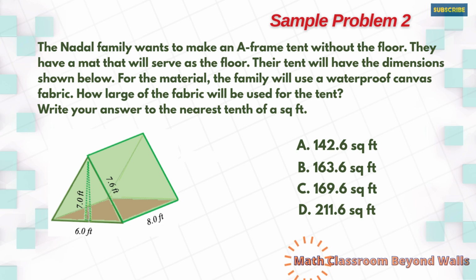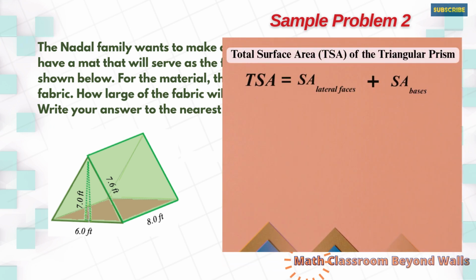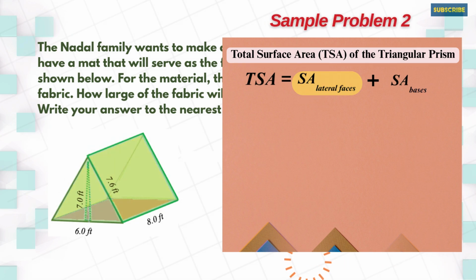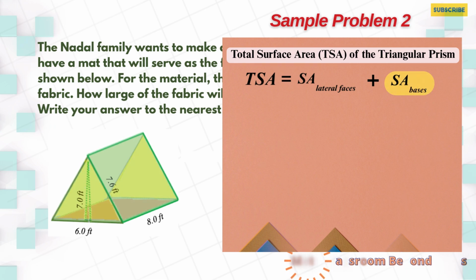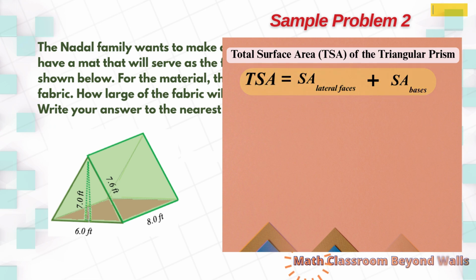Let us have again the formula. What we will do is solve first for the area of the lateral faces, the roof, then solve for the area of the two triangular surfaces, which are the front and back surfaces of the tent, then combine the two results. Okay, let us further examine the diagram of the tent that we have here.